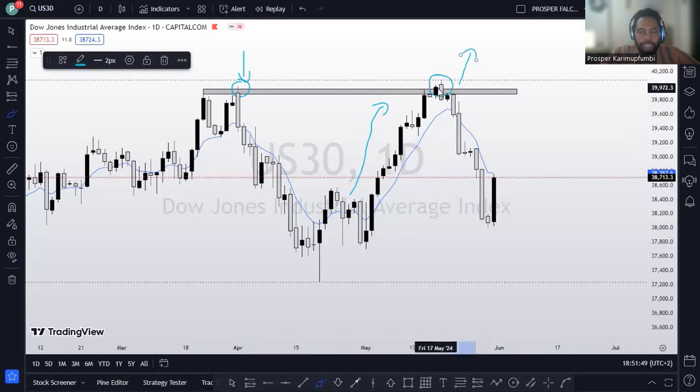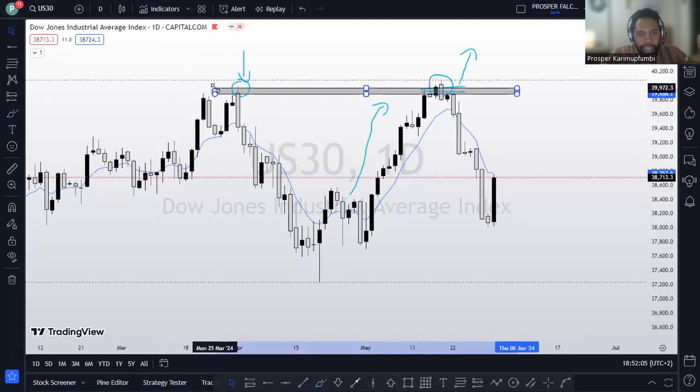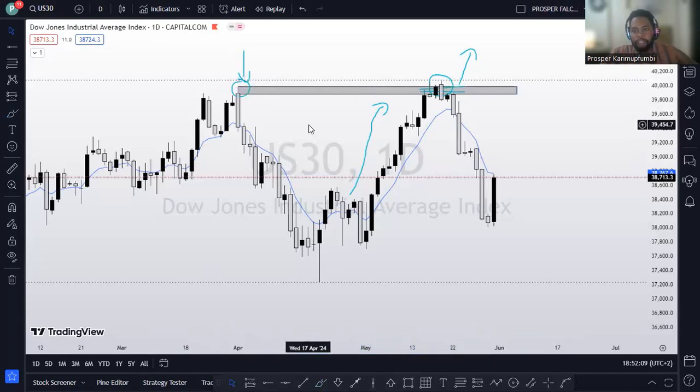This tells us something on the higher time frame, that the price no longer wants to proceed above this resistance zone. This is more like a supply zone, looking at that previous all-time high.